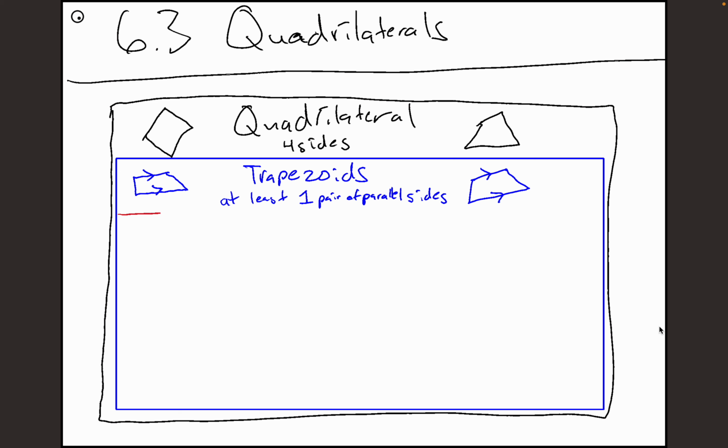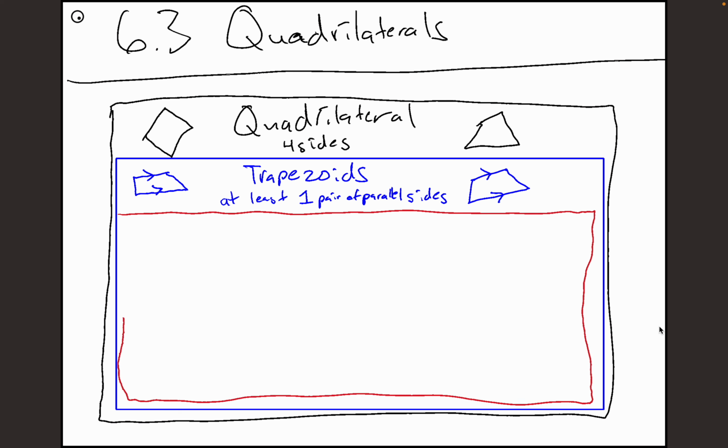So guess what I'm going to draw? I'm going to draw another box inside. The boxes are important because that means everything inside. All right, so now everything inside the box of trapezoids is a trapezoid and a quadrilateral.